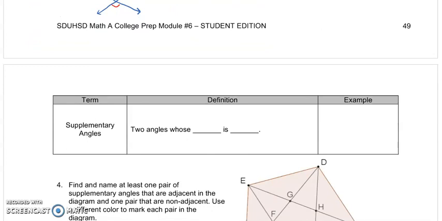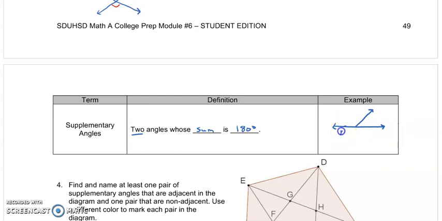Supplementary angles are two angles whose sum is 180 degrees. Now I know 180 degrees is a straight angle. So I'm taking that straight angle and breaking it up into two pieces.